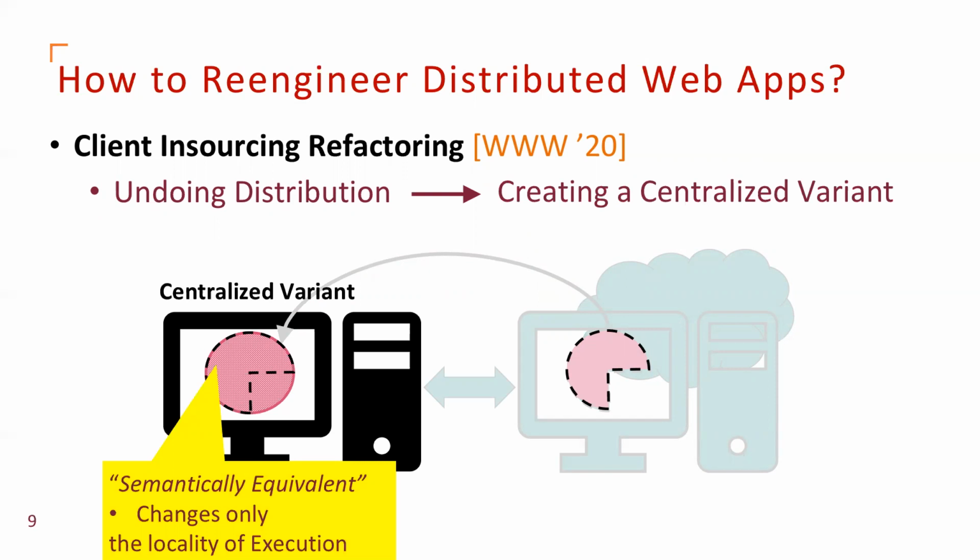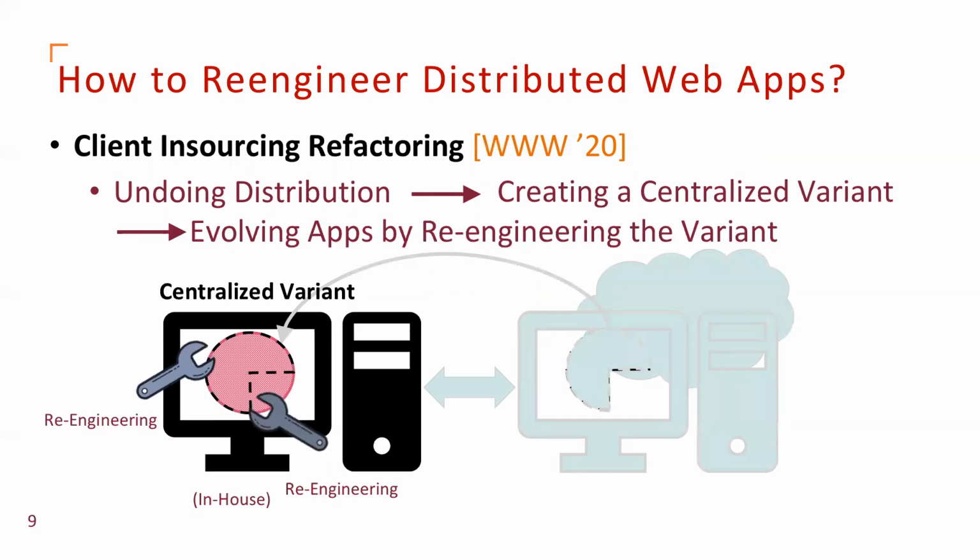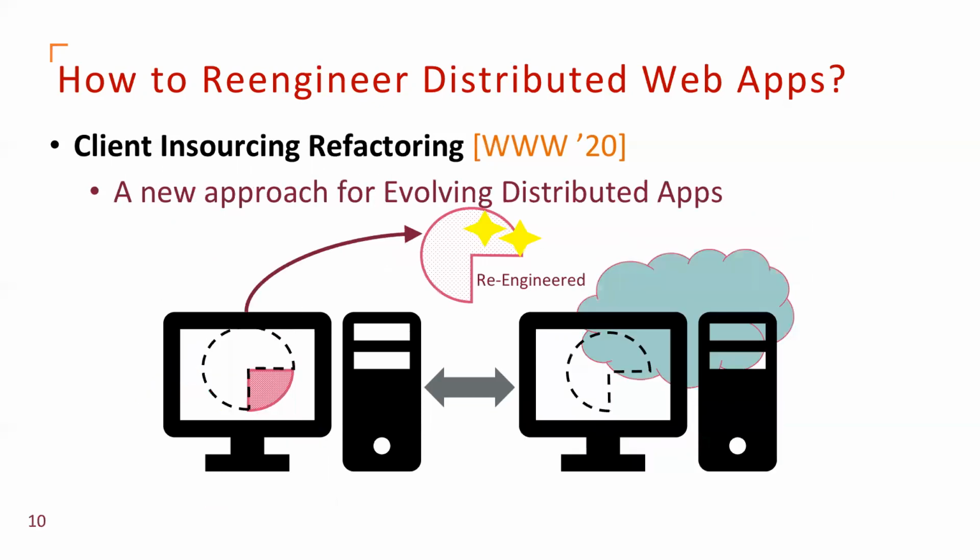Our main idea is that modifying or enhancing the distributed web application is done in this centralized variant. Intuitively, analyzing and modifying the centralized version is much easier since many state-of-the-art tools and technologies are based on centralized applications.